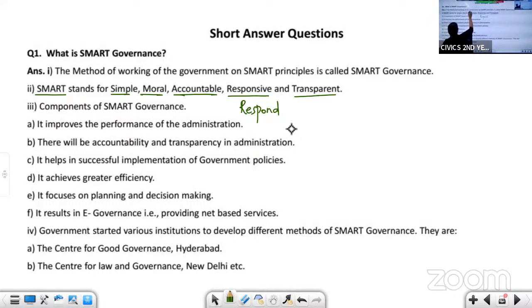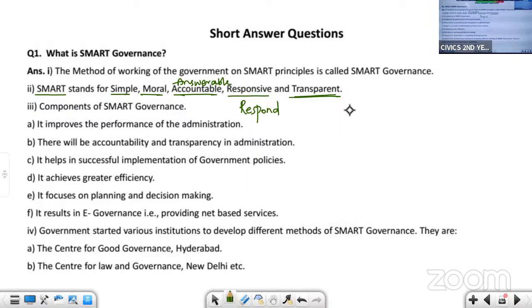Government is answerable to the people, and it should be transparent. Nothing should be hidden from the people. The information ultimately belongs to the people. So whatever government is doing, it should be transparent. These are the principles of governing, a method of governing.